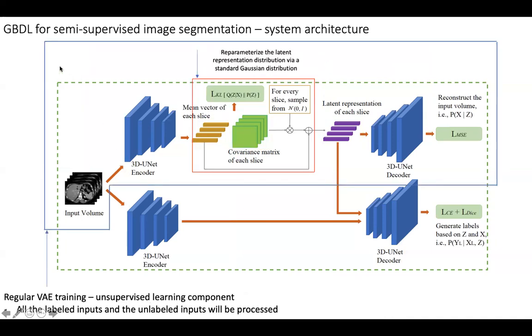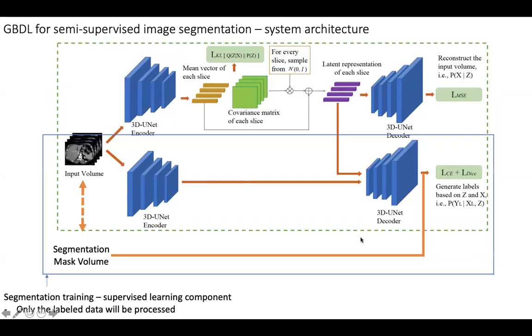As we just mentioned, the first branch of this system is exactly the same as regular variational autoencoder training, and all the labeled input and the unlabeled input will be processed by this branch. But for the second branch, only the labeled data will be processed, as is shown here.